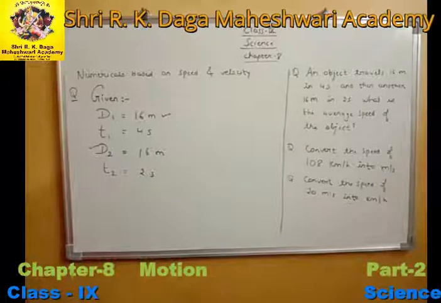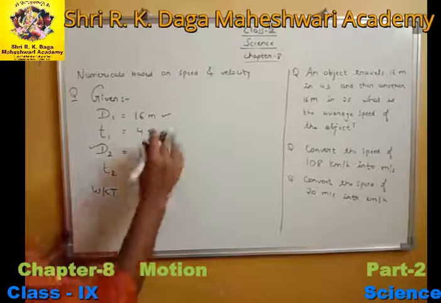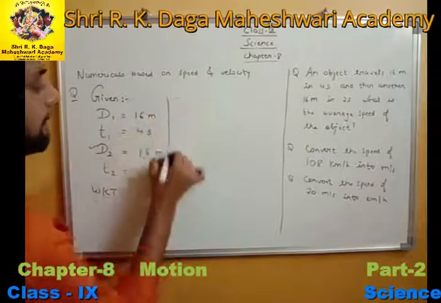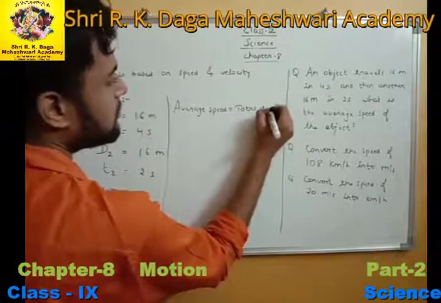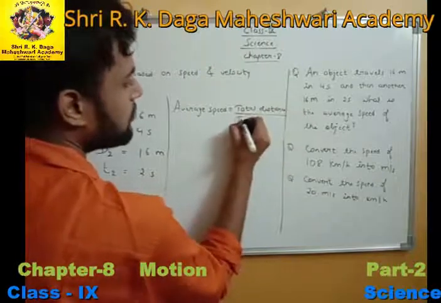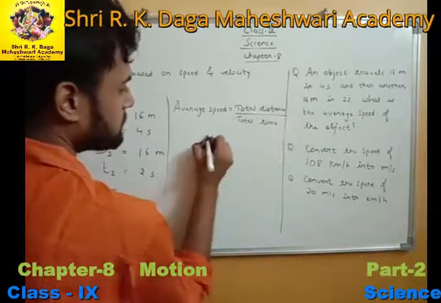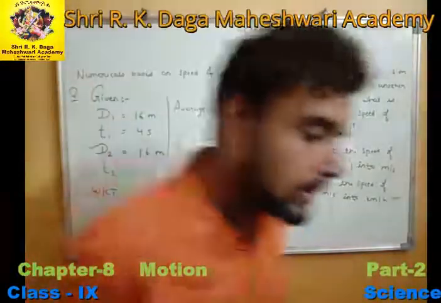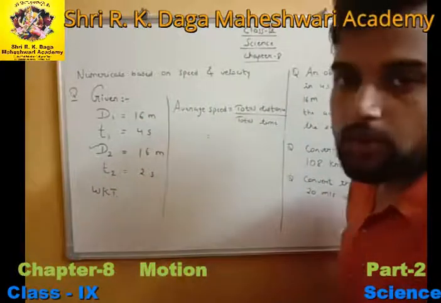Now we know that the formula for average speed is equal to total distance upon total time. So the total distance traveled by the object will be d1 plus d2, right?